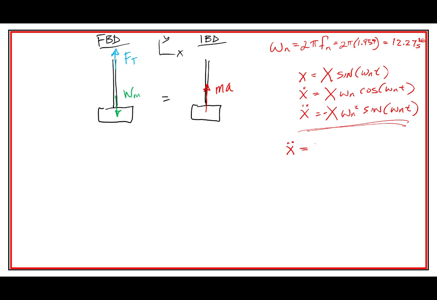That 1.667 E minus 2 times 12.27 squared is going to be 2.511 feet per second squared. All right, so that's what I'm going to use for that A right there.